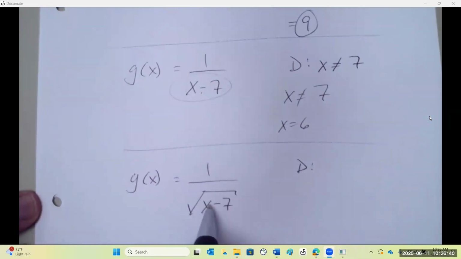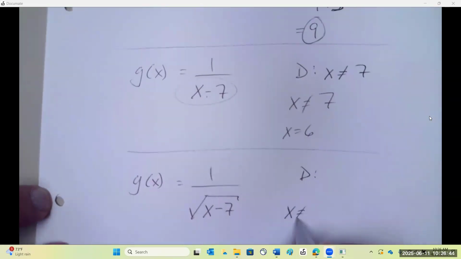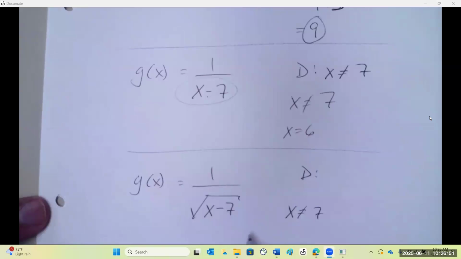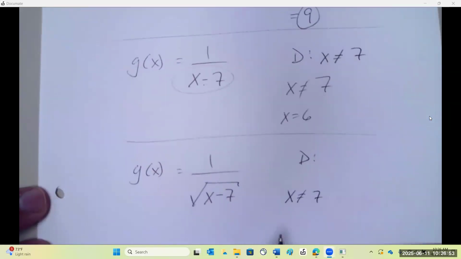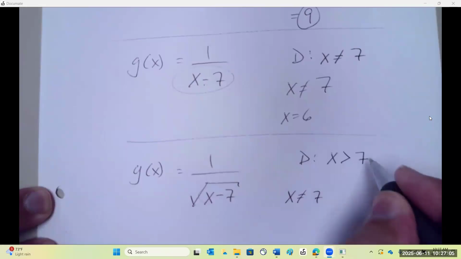Can you have a 0 on the bottom? No. So we know automatically that x cannot equal positive 7 because it makes it 0 on the bottom. Can it be 6? 6 minus 7 is what? Negative 1. So we can't have that. We cannot have a negative inside there. So our domain is strictly greater than 7.